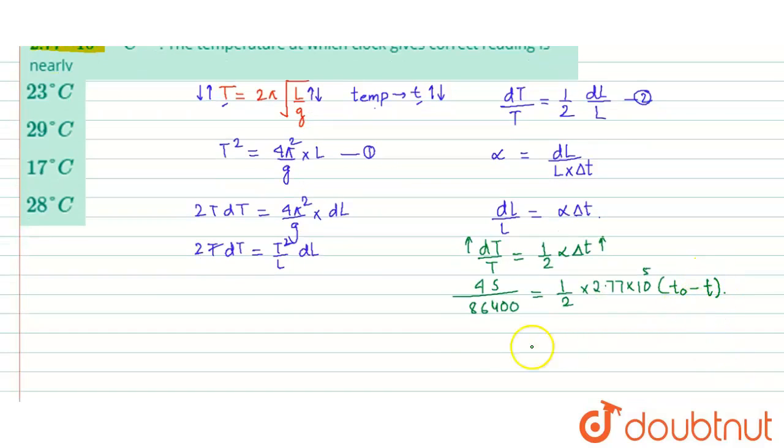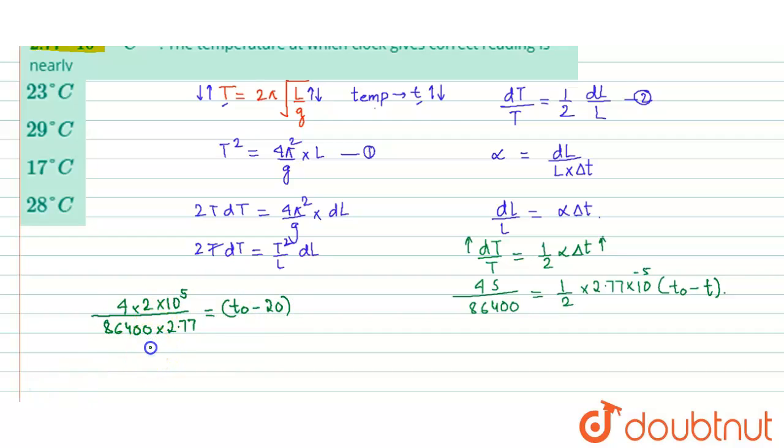This will be 4 into 2 divided by 86400, into 2.77 here and 10 to the power minus 5, which goes to the other side as 10 to the power 5, is equal to T naught minus the value of T, which is 20 degrees Celsius. So we need to solve this.